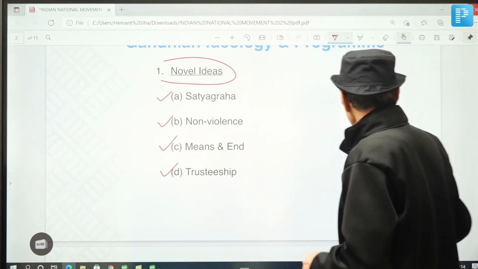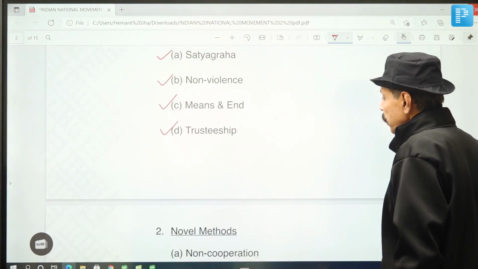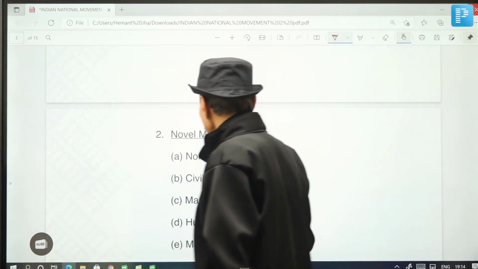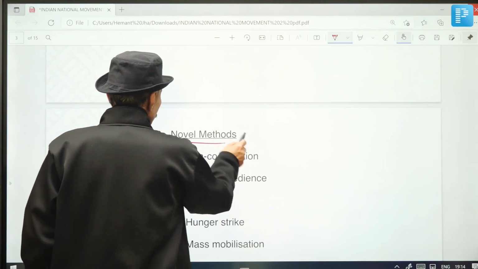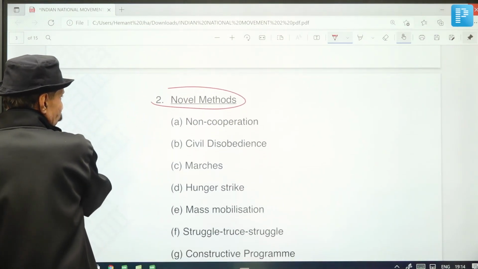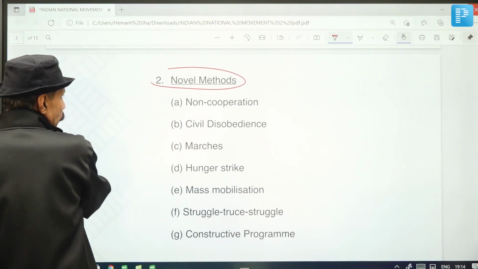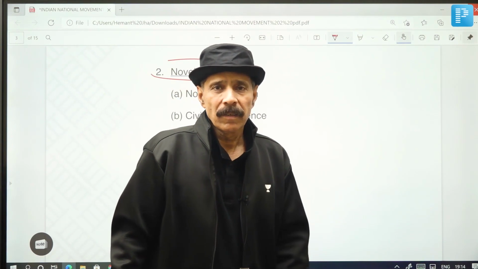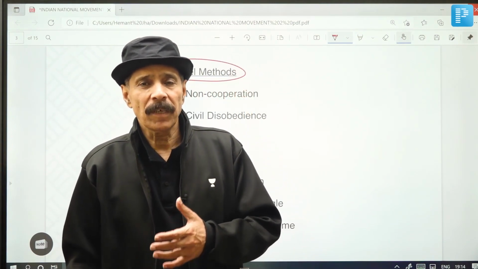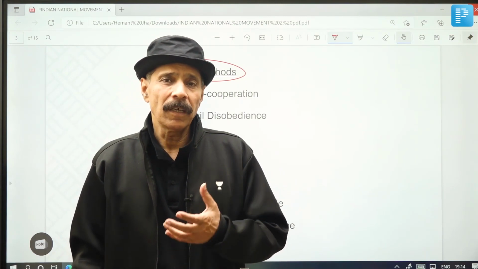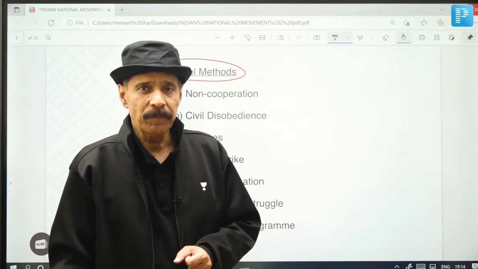The next aspect related to Gandhian ideology and program is novel methods. Mahatma Gandhi employed various novel methods. These novel methods became characteristic features of the Gandhian phase of the Indian national movement.